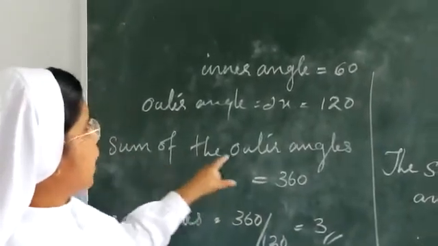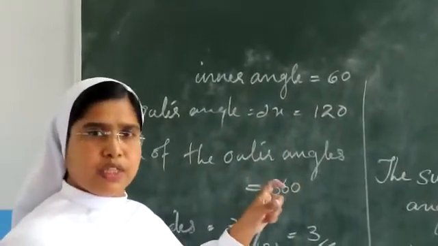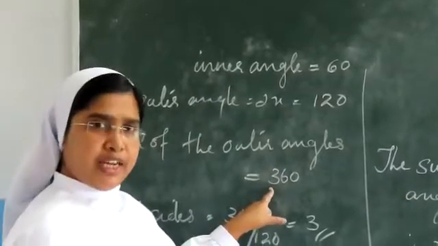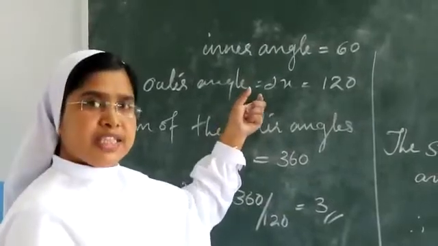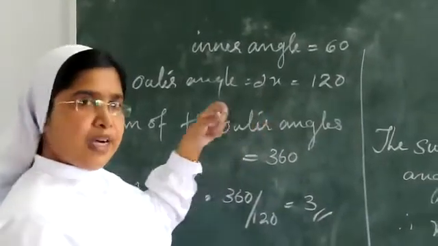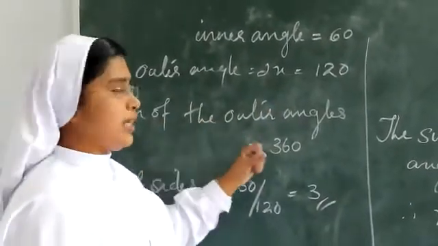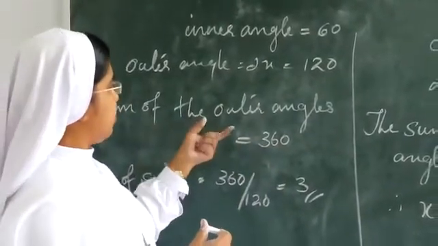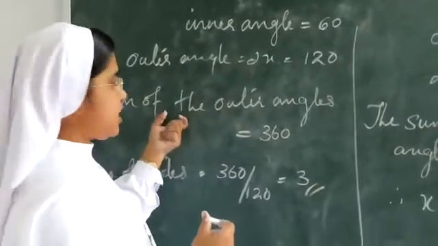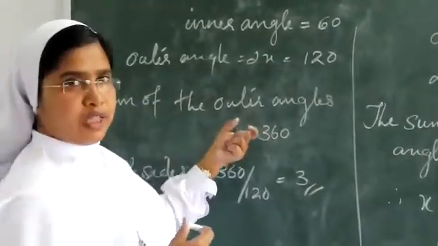We know the sum of the outer angles is fixed. We do not know the sum of the inner angles, but we know the sum of the outer angles is 360 in any case. So, using that theorem, we are finding out the number of sides.